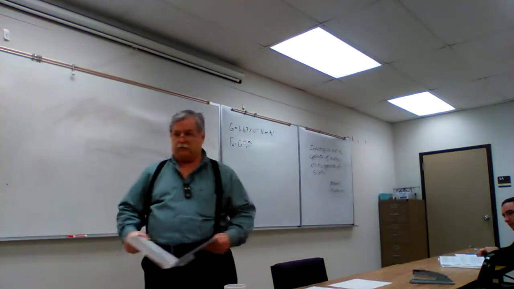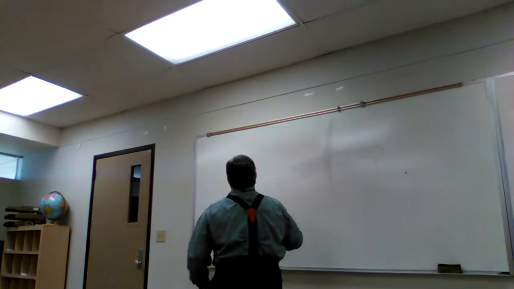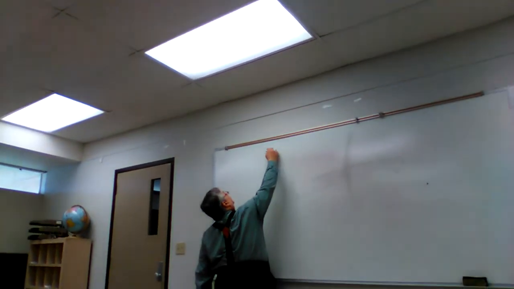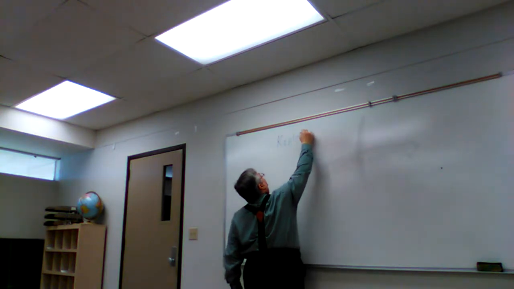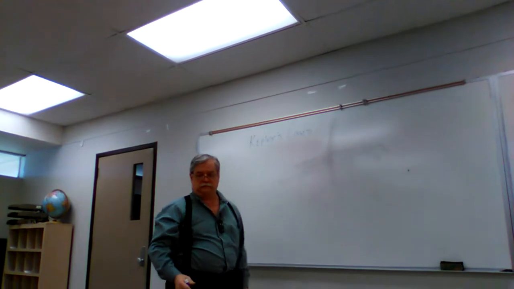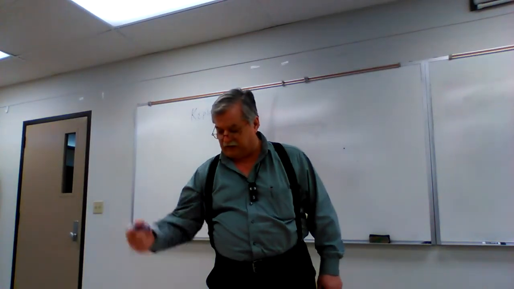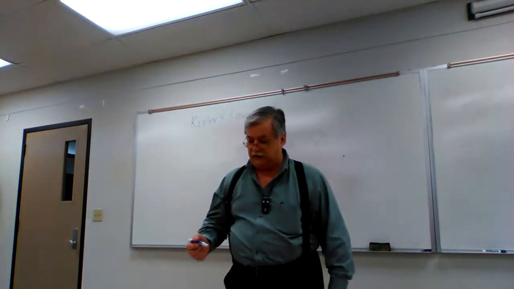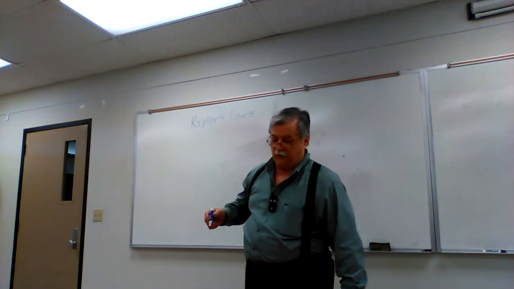So let's take a closer look at what they knew about celestial motion at the time. Kepler's first law: the path of each planet around the sun is an ellipse with the sun at one focus.